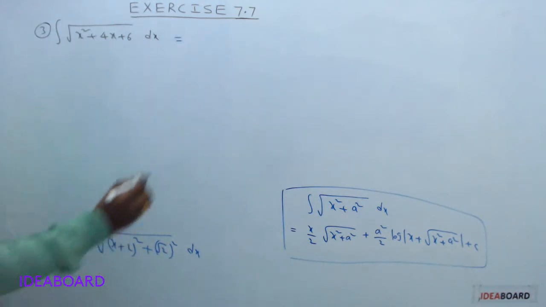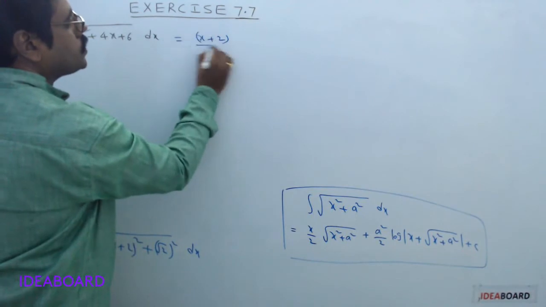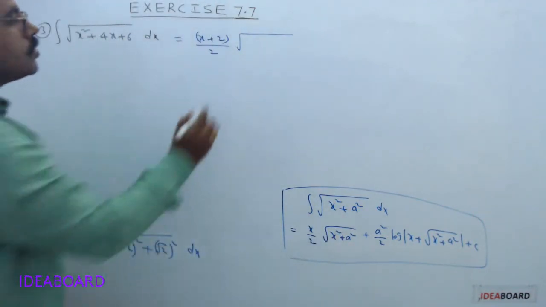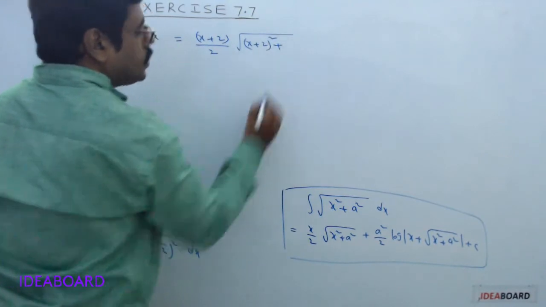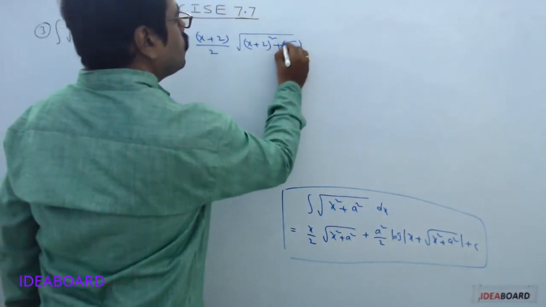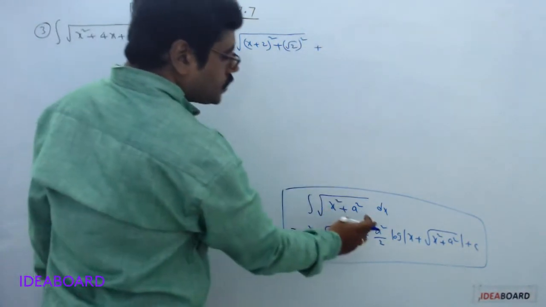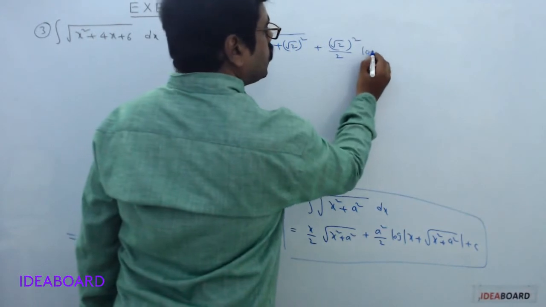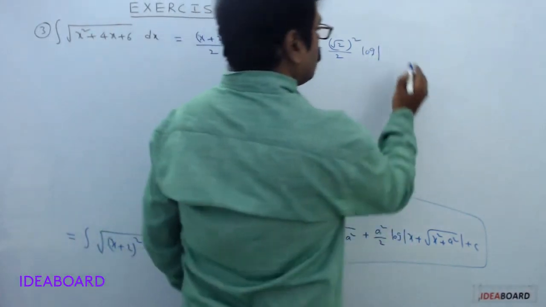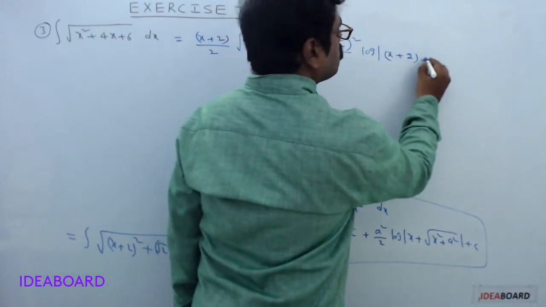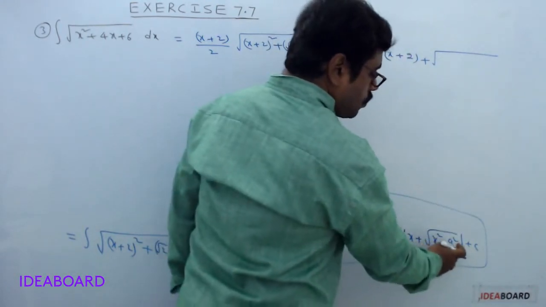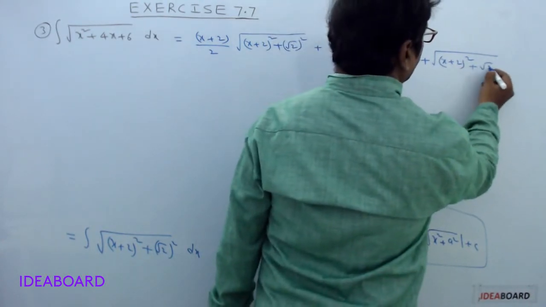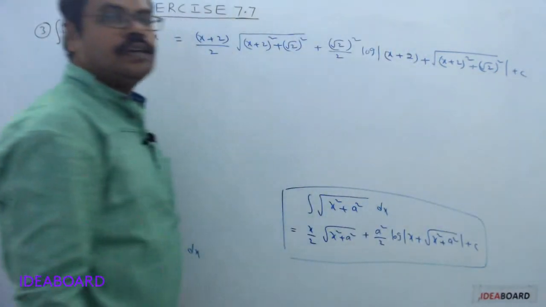So it is x plus 2 divided by 2 into square root of x plus 2 whole square plus a square, a value root 2, so root 2 whole square, plus a square divided by 2, a value is root 2, so root 2 whole square divided by 2 into log mod of x plus 2 plus square root of x plus 2 whole square plus root 2 whole square, plus a constant c.